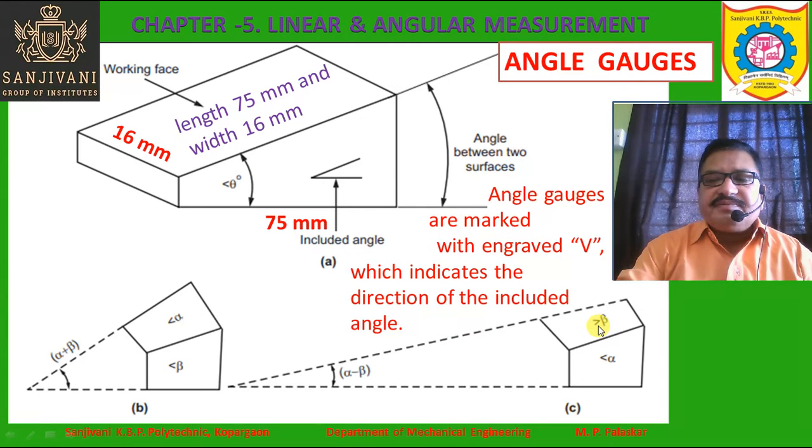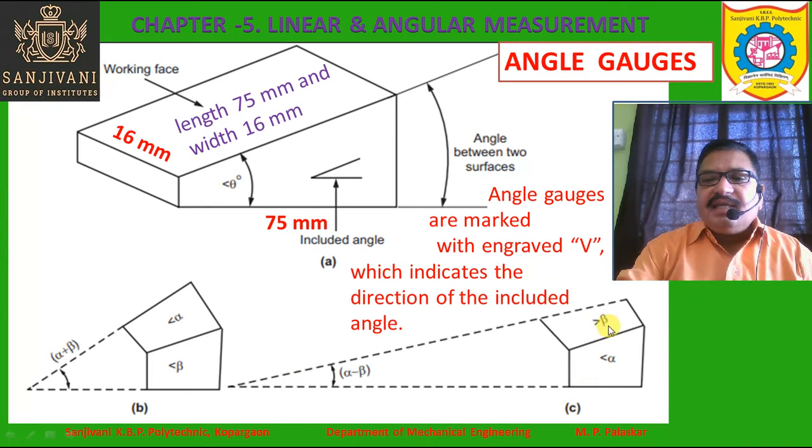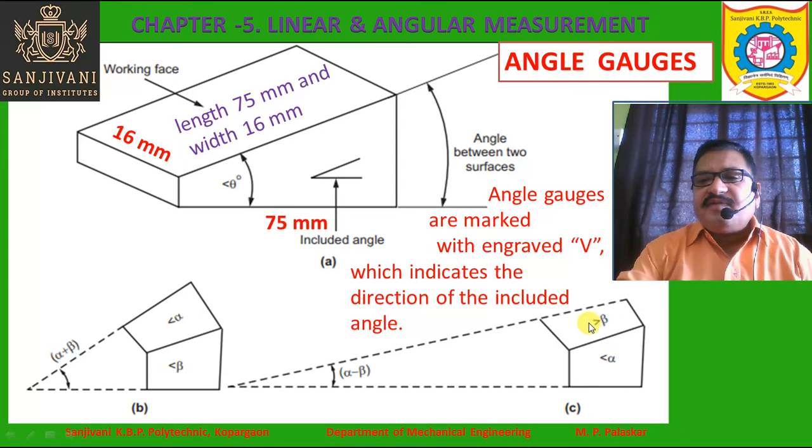its position is changed, right, such that the included angle now in this case is alpha minus beta, because here you can see that the direction of V is opposite. For the slip gauge of angle alpha, you can see the direction of V, and for the slip gauge of angle beta, the direction of V is opposite, and therefore the combination gives us the included angle alpha minus beta in this direction.